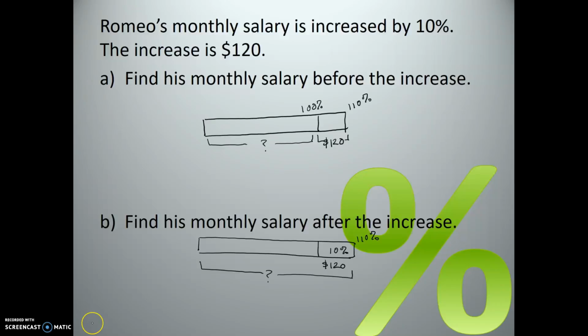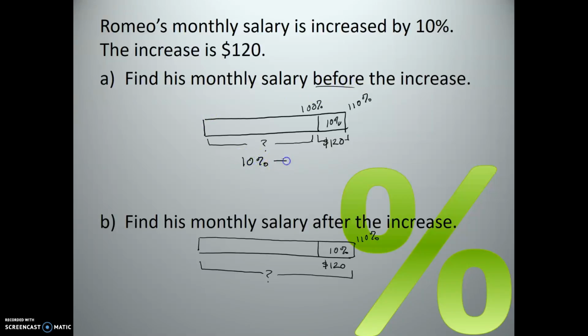All right, so Romeo's monthly salary is increased by 10%, and the increase is $120. Find his monthly salary before the increase. So you had to make a little mental jump here and think about this word problem critically. It says that the increase is $120. That means that 10% equals $120, and we're looking for 100%, so his monthly salary before.